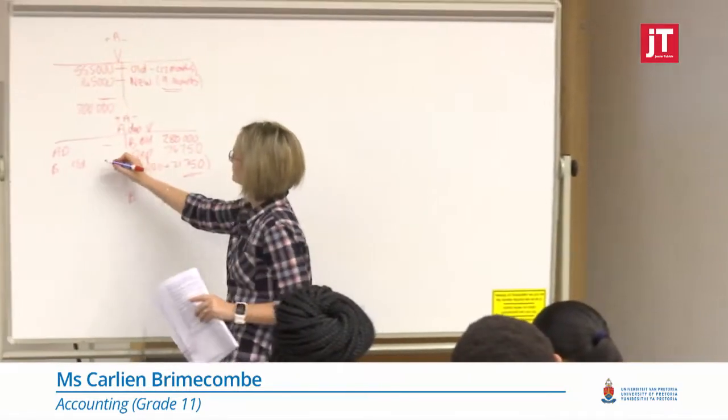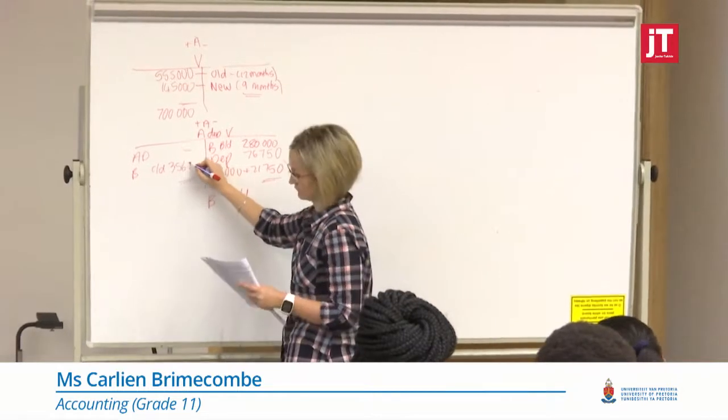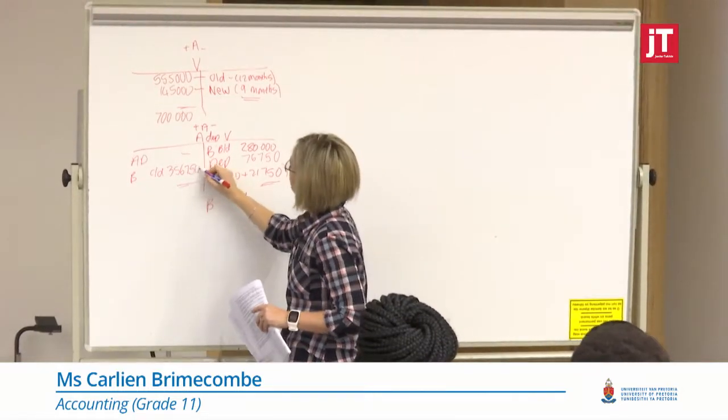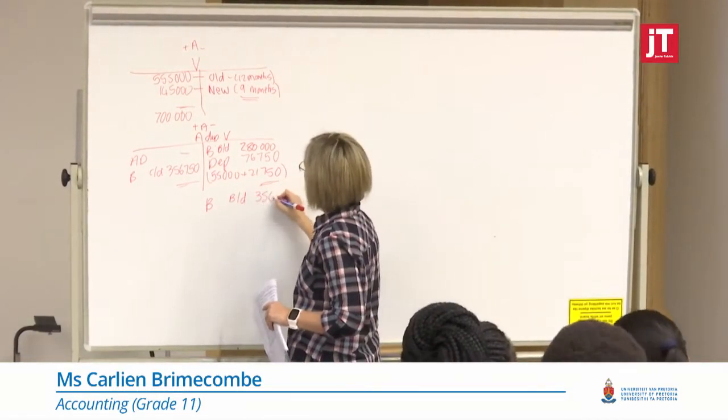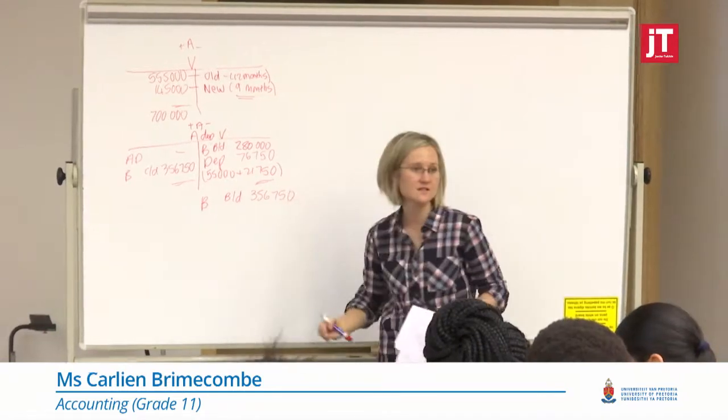So what's your balance at the end? That's correct. If you didn't get this, please say so that I can come and help. Why do we need that balance? In the note.